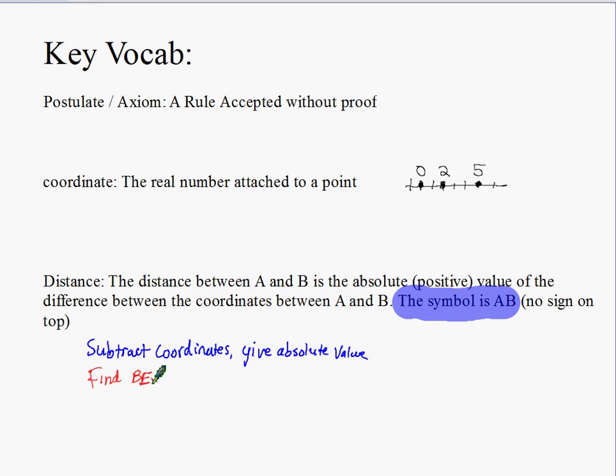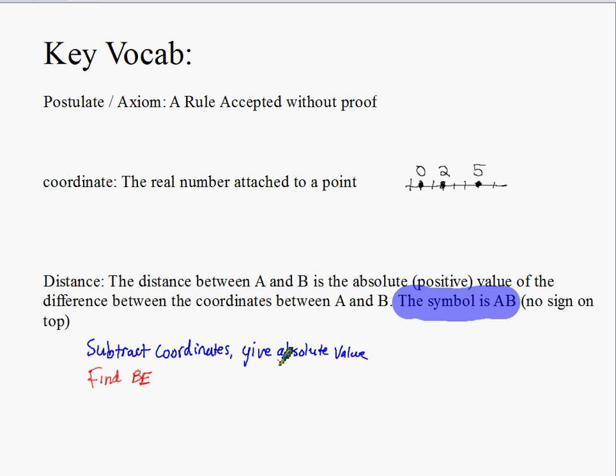I'm trying to find the distance of the segment between B and E. There's no symbol up top, no little miniature line or ray up top. This means a number. So I would take the coordinate of B, take the coordinate of E, subtract, and find the absolute value.